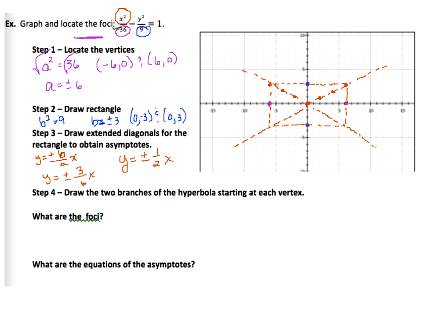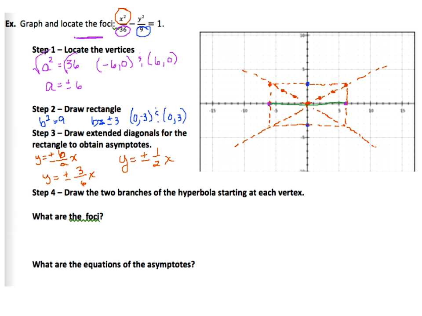All right. Step 4, draw the 2 branches. So now we're ready to actually graph our hyperbola. Don't forget, these hyperbolas have the horizontal transverse axis. So here's that horizontal. Let me get a different color. I'll get a bright green. Here's my transverse axis between my vertices.